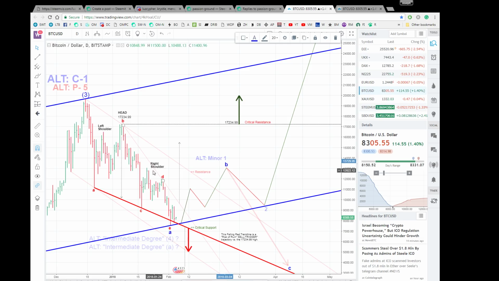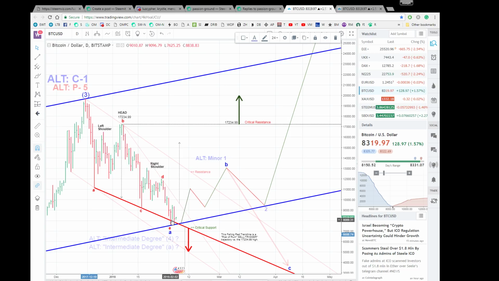And so assuming this A, B, C, D, E was the blue minor degree of trend, and it ended a few days ago at this low here of, let's see what the low was, 76.2525, and that ended the entire minor degree correction, that would imply that the intermediate degree wave 4 had actually based right here, and that from here on in it's smooth sailing up to north of 50,000.